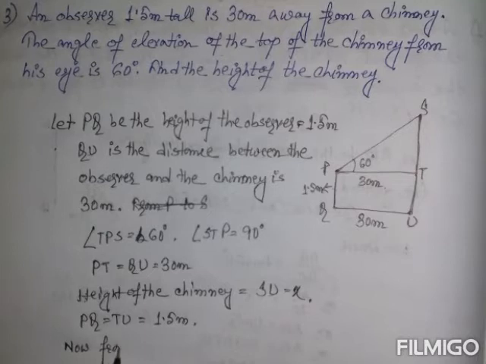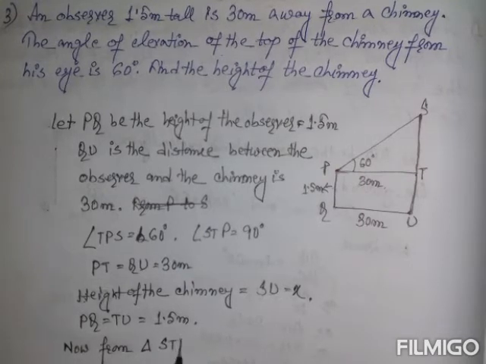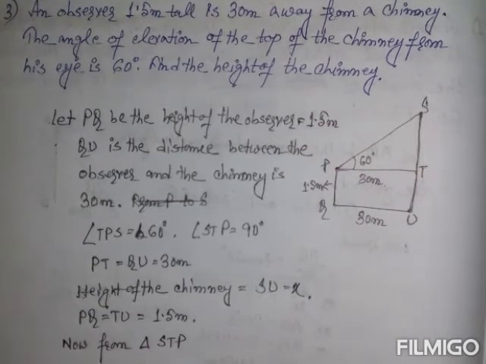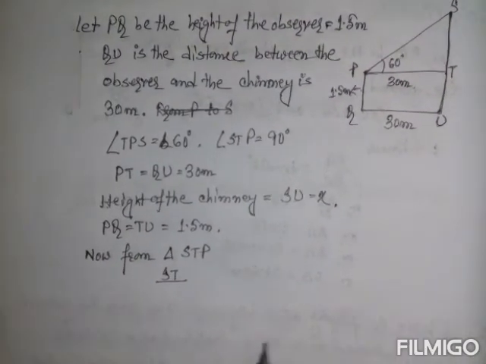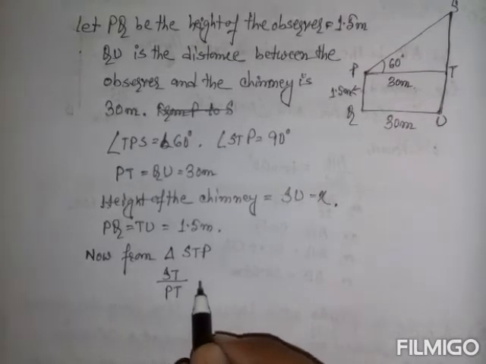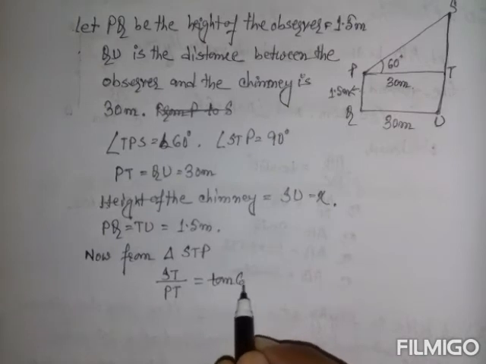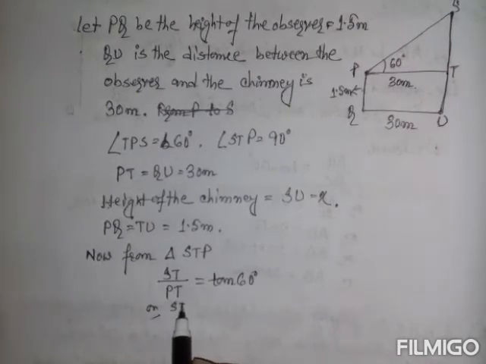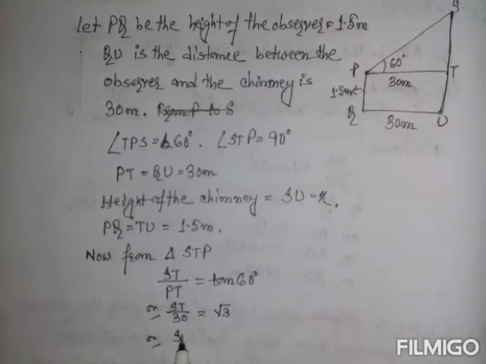Now from right angle triangle STP, we can tell that ST by PT is equal to, means perpendicular by base, tan 60 degree, or ST by 30 is equal to root 3, or ST is equal to 30 root 3.